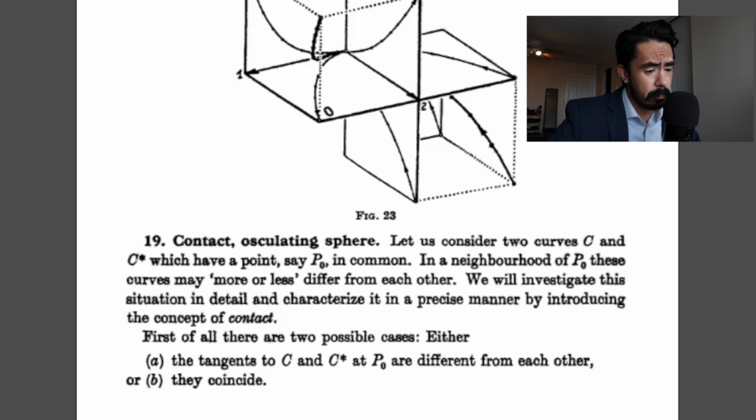Specifically, the next page or two is going to just take that paragraph and restate it in specific, rigorous mathematical form. First of all, there are two possible cases when we have these curves C and C star that are making contact at a point P naught. Either A, the tangents to C and C star at P naught are different from each other, or B, they coincide.